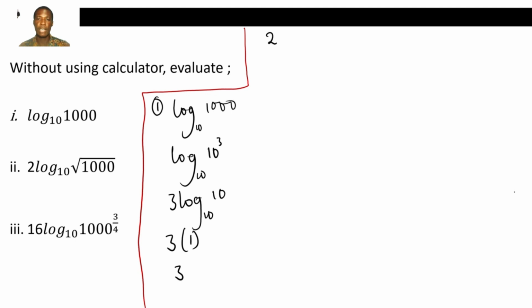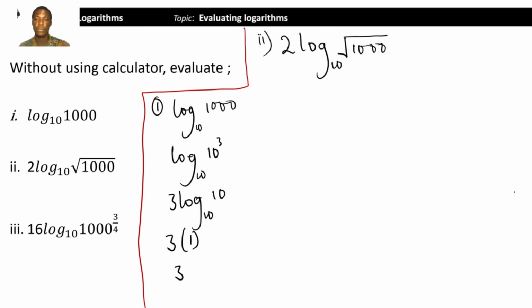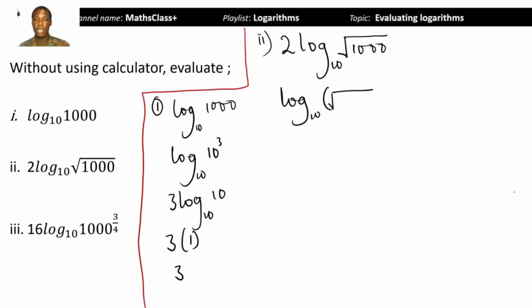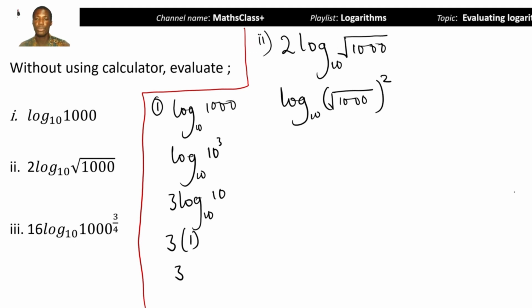The second example, 2 times log to the base 10 of the square root of 1000. We can rewrite this as log to the base 10 of the square root of 1000 raised to the power 2.